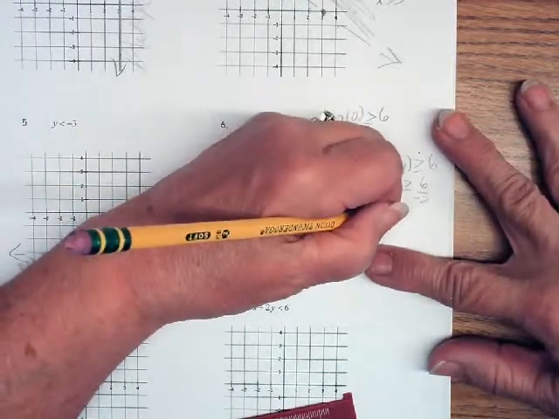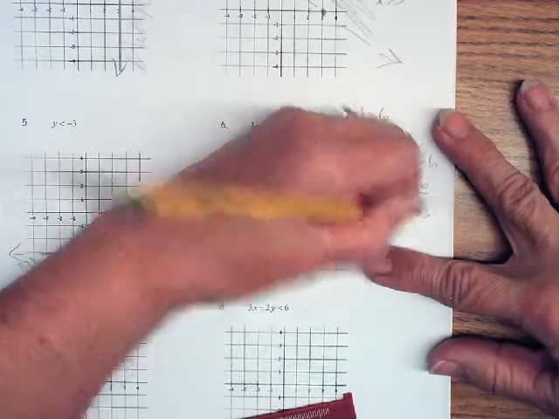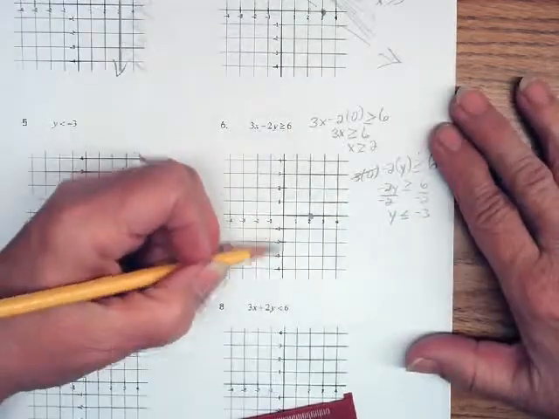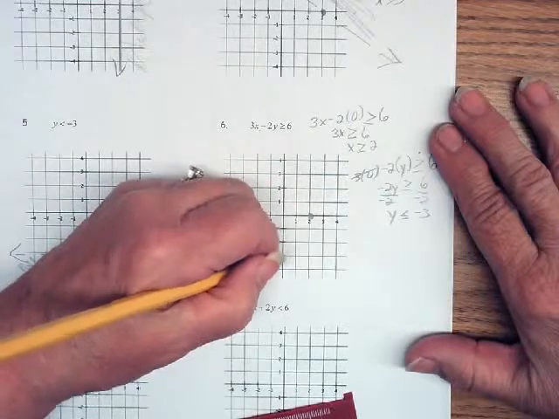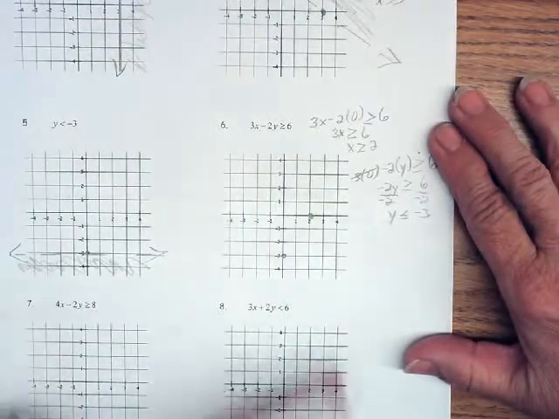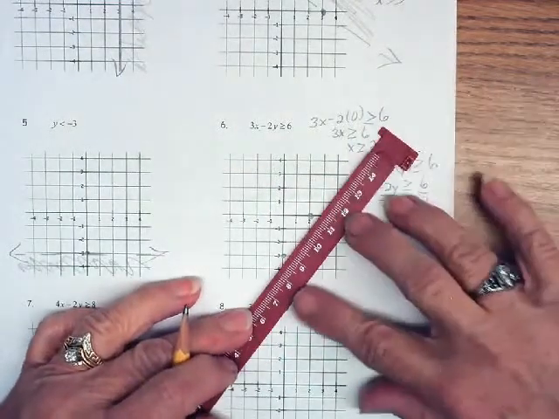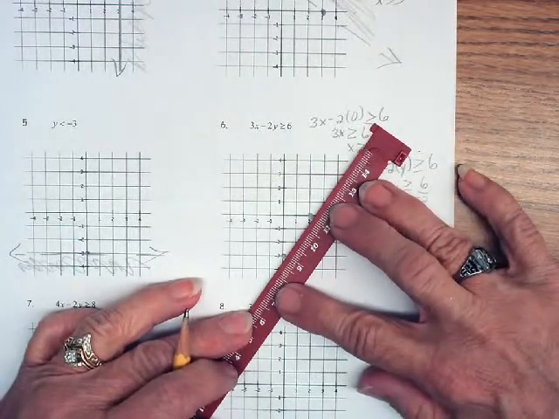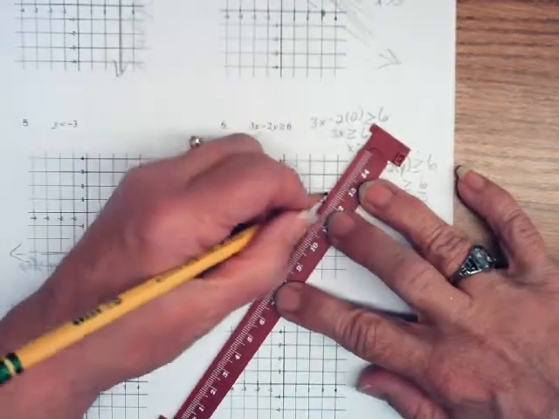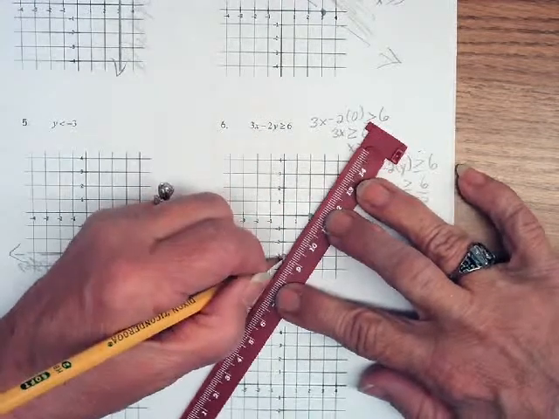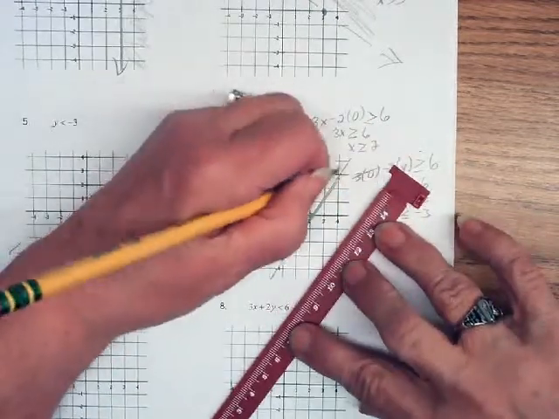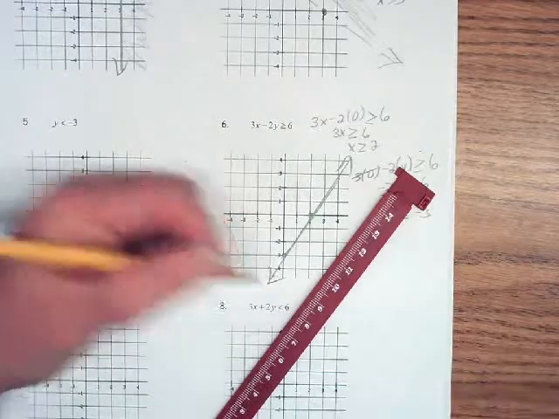So y now is less than or equal to negative 3. Come down here to 1, 2, 3, negative 3. Because it is greater than or equal to, because of this line underneath here, it's going to be a solid line. So there's our line that goes in both directions.